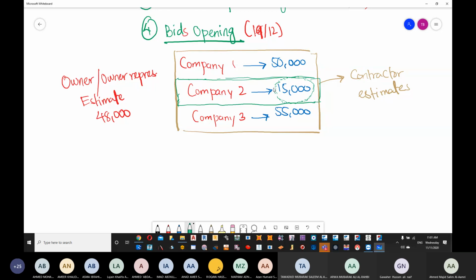Do you agree? Okay, so in both scenarios, you are in a problem because you have picked the lowest price without cross-checking it with your estimate.